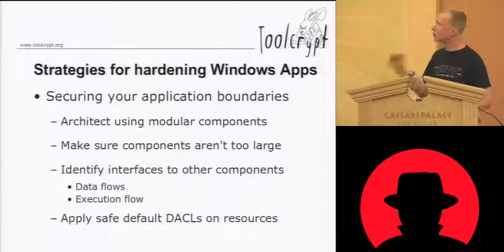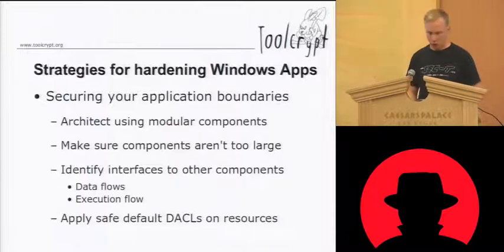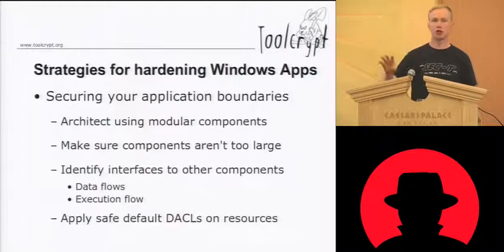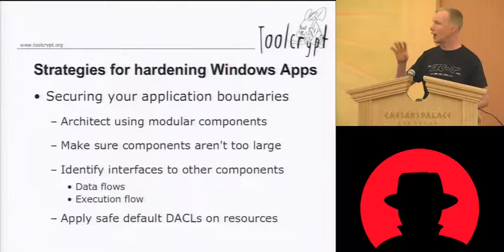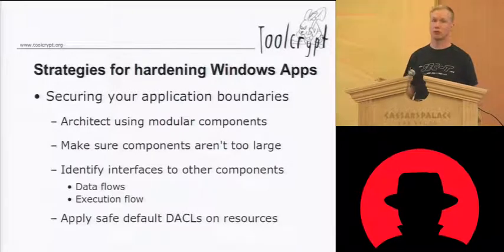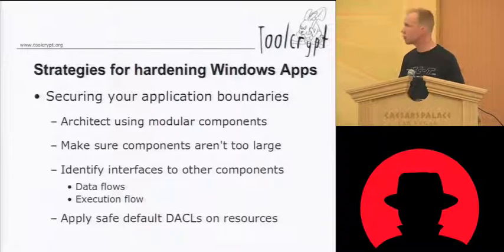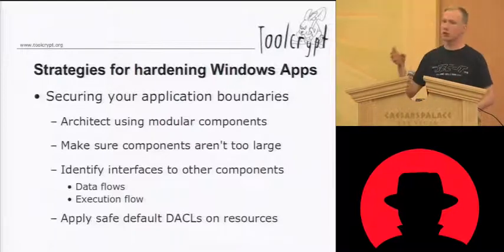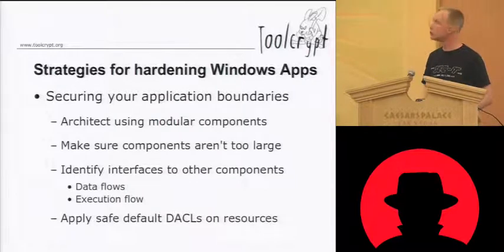So if we can take our application and break it down into several different parts and specify in documentation all the interactions between that module and the rest of the application, then we can actually start to look at that particular module in isolation, look at those interfaces, and do threat modeling, perhaps according to the SDL by Microsoft, or in another style that you're more comfortable with. But at least looking at these in bite-sized chunks so that you can understand what the code is doing with the inputs and outputs.